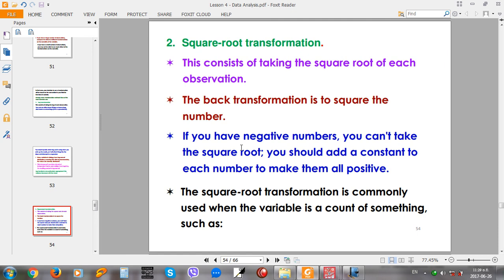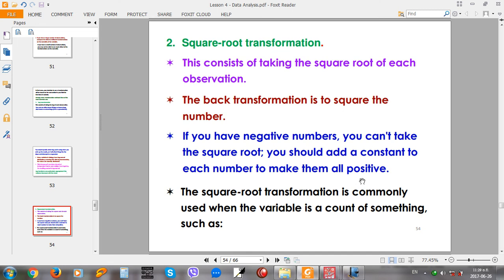So if you have negative numbers in your data set, you should add a constant to each number to make them all positive. Suppose you have minus 20, so you can add any number greater than 20, but you have to do it for all the data.